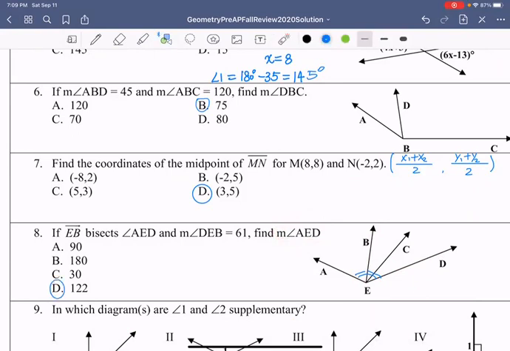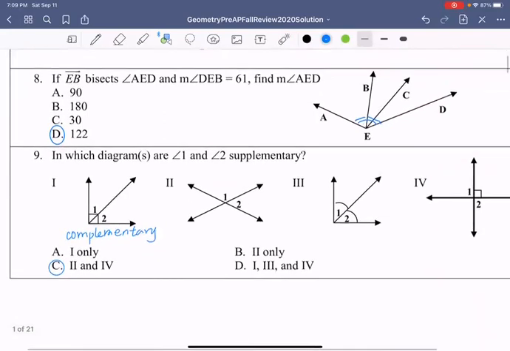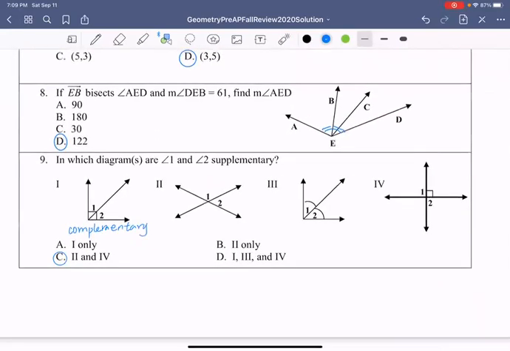Okay. Now the question comes to the supplementary definition. Alan, what does supplementary mean? That the two angles both equal 180. It doesn't mean they both equal.